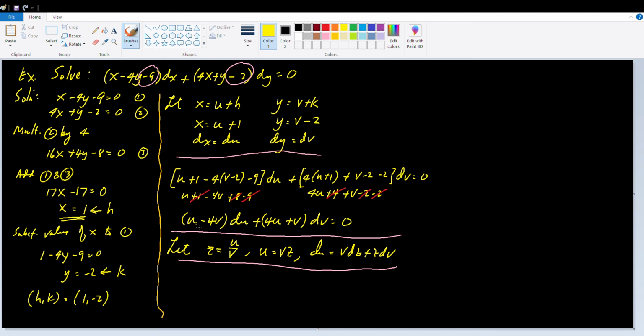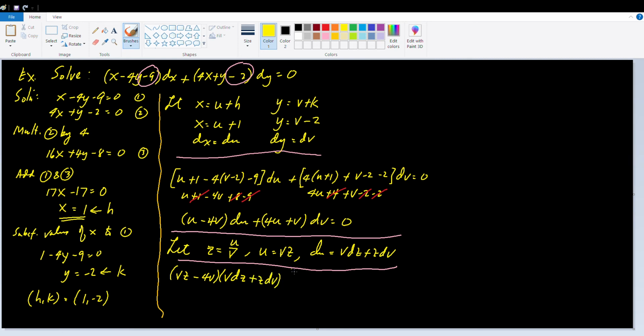So our u becomes v times c minus 4v du plus 4u, or vc, plus v dv. By the way, sorry, our du is v dc plus c dv.